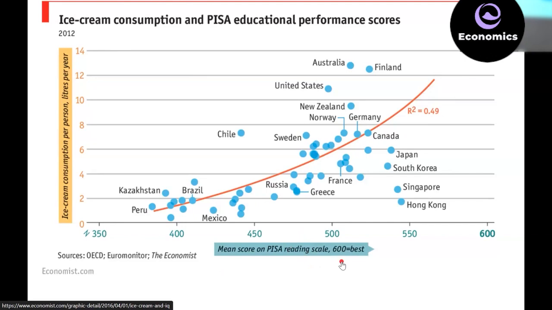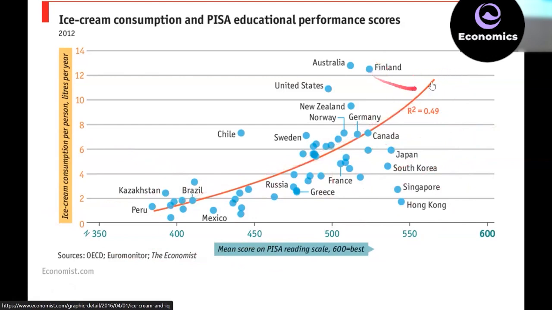PISA is just some kind of test of, I think, high school students in terms of how well they read. Okay, 600 is the best, and one dot is one country or economy, the mean in that country or economy, and we see that there seems to be a positive relationship. Right? They are positively correlated.